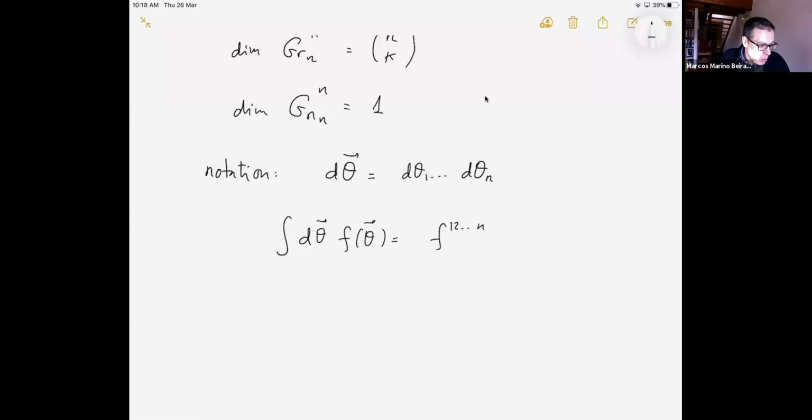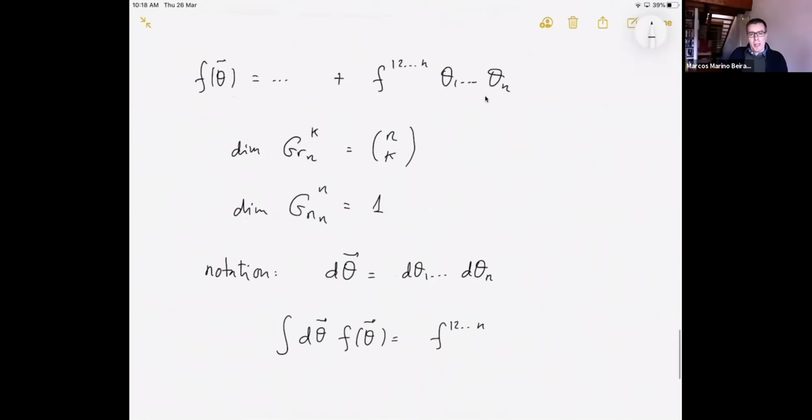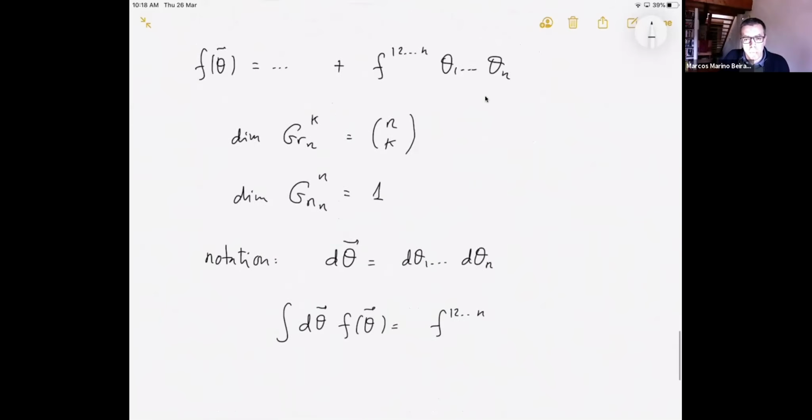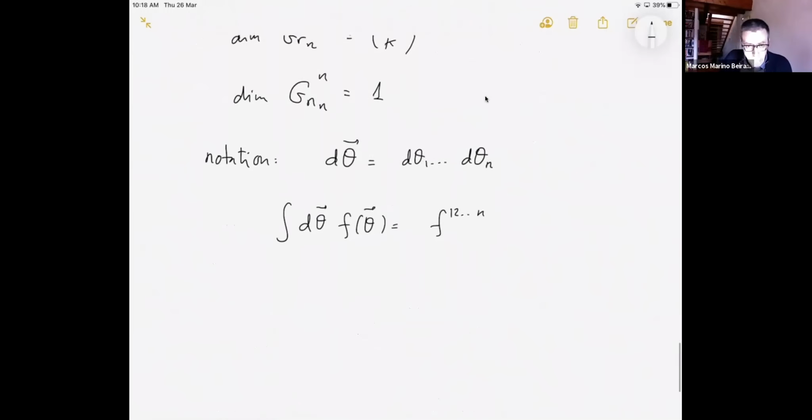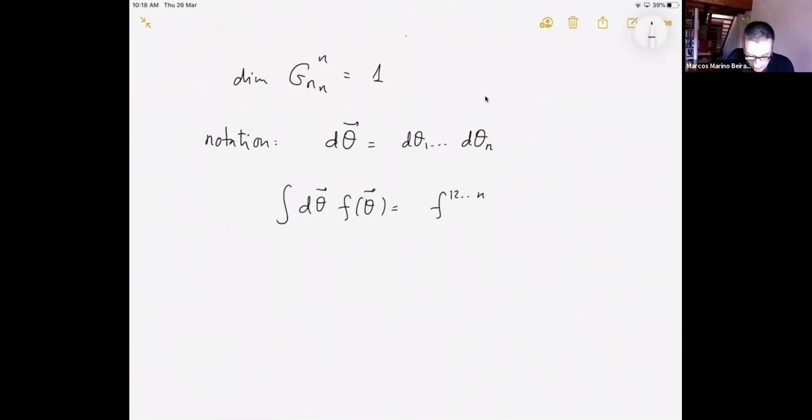So let's go back to work. We were discussing Grassman integration. So that's the definition. A useful formula, which we will use many times, is the following. As I said, the only thing that we really have to care about when we do a Berezin integral is to take into account the terms with the maximal number of thetas.